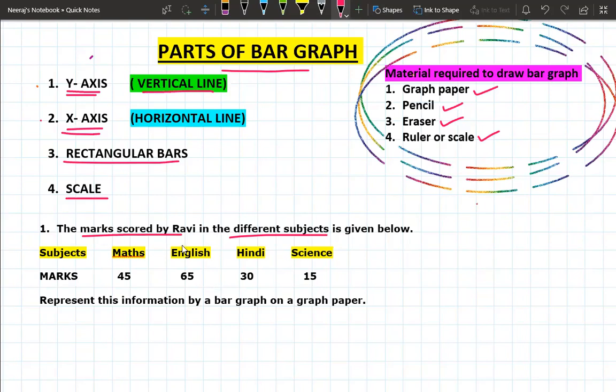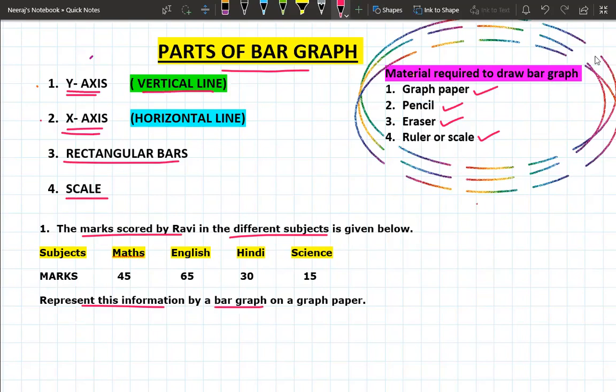Here we have the subjects and the marks for the different subjects. To represent this information, we are now going to plot a bar graph.